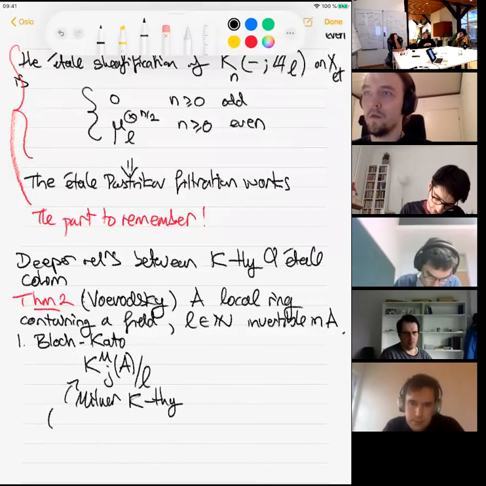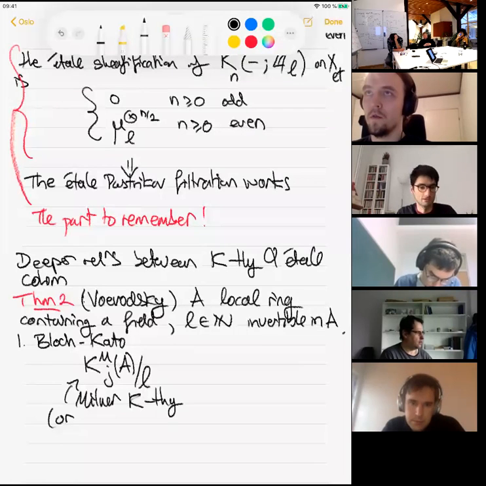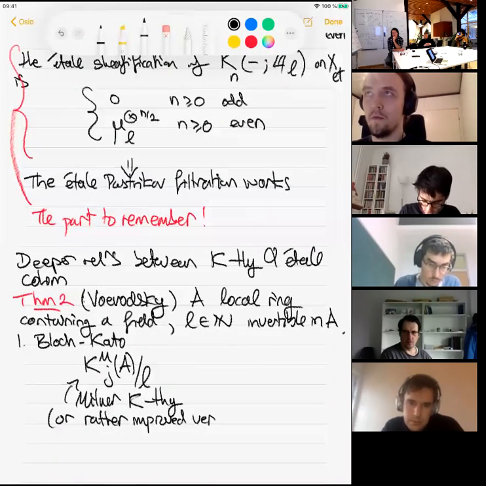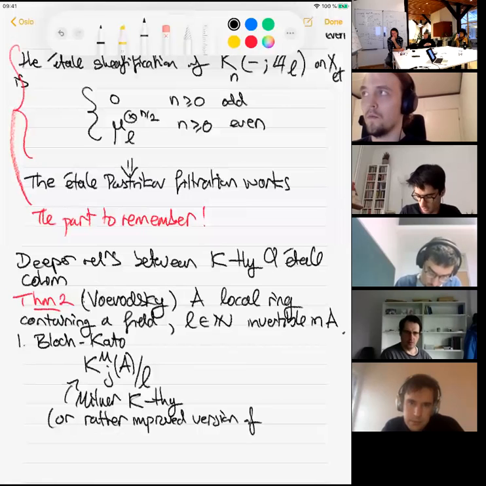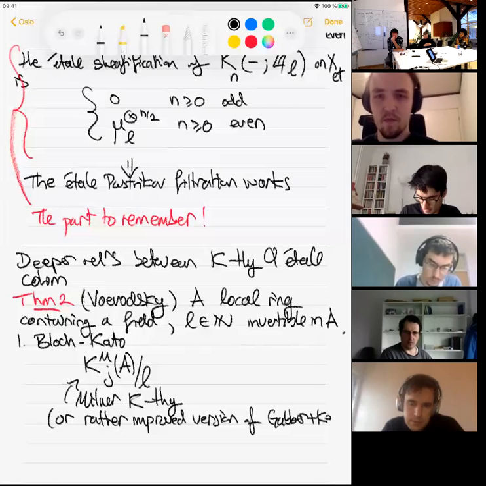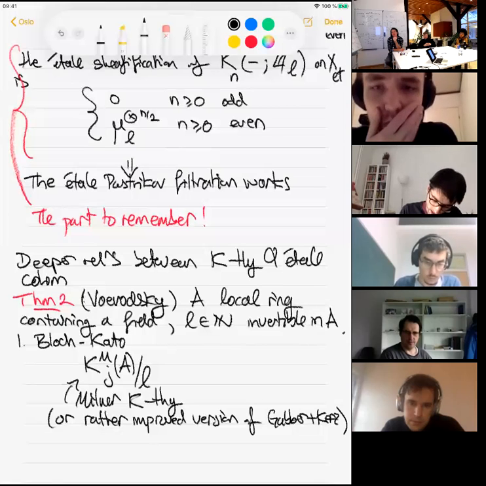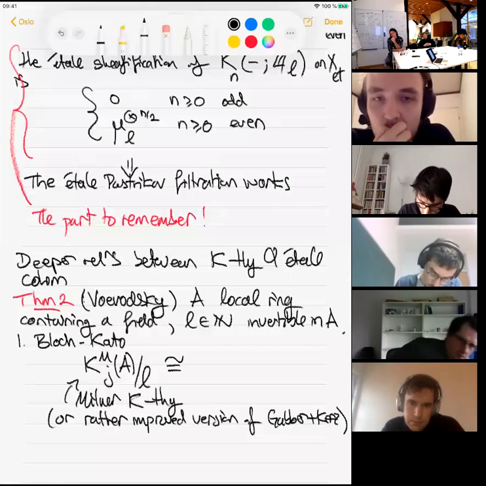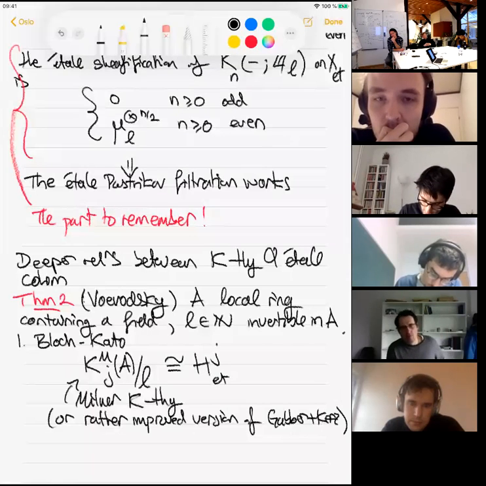Or rather, since I'm going to worry about having a finite residue field, I should really take the improved version of Gabber and Kurihara. And what does Bloch-Kato say? It tells me that I can compute the Milnor K theory as the étale cohomology in the Milnor range.